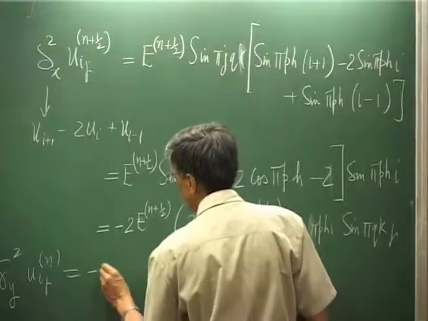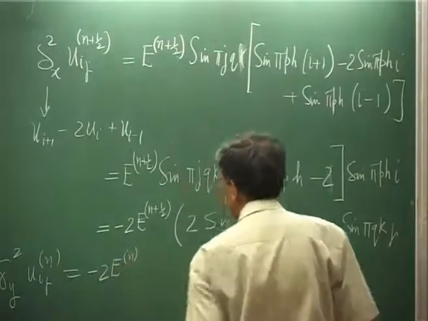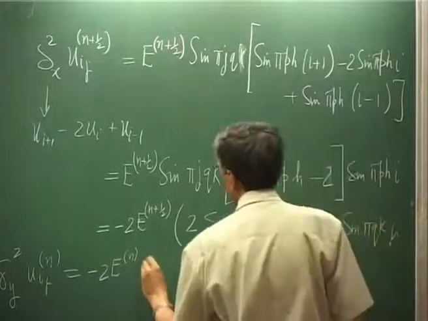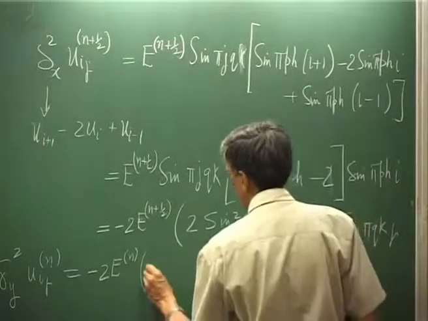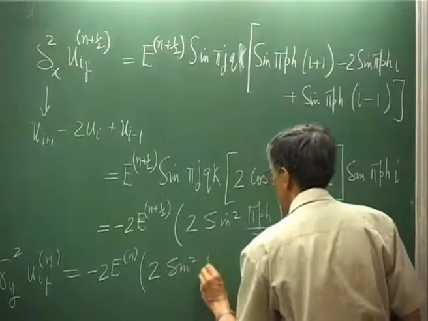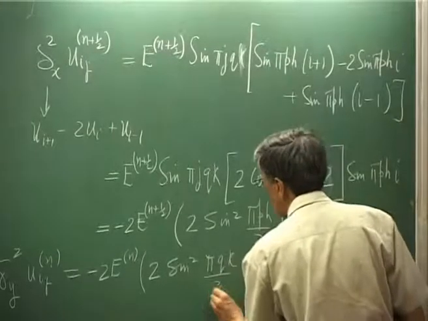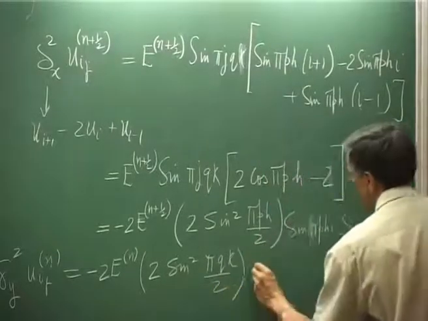So, I will write it as 2 e. Now, this will be at the next step, and y operation would give us 2 sine square pi q t by 2 and this same factor.